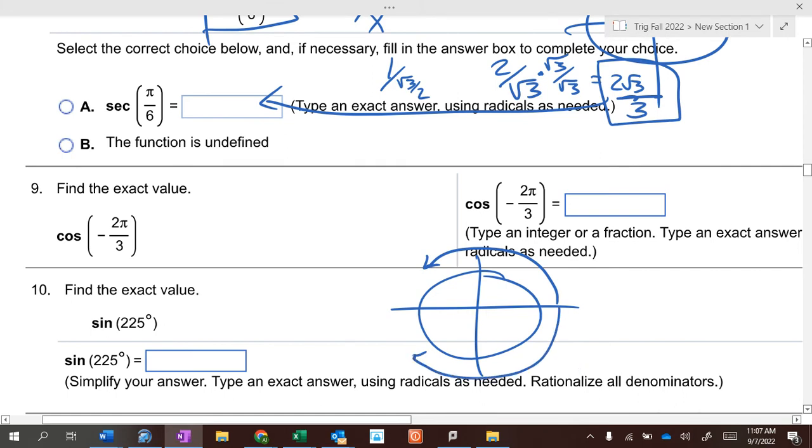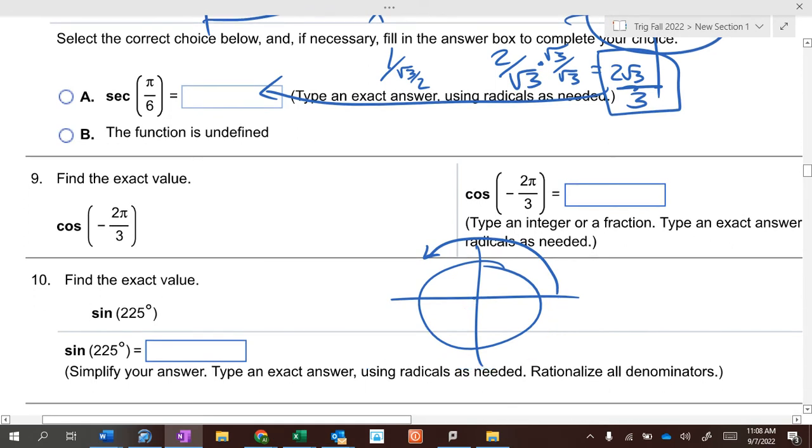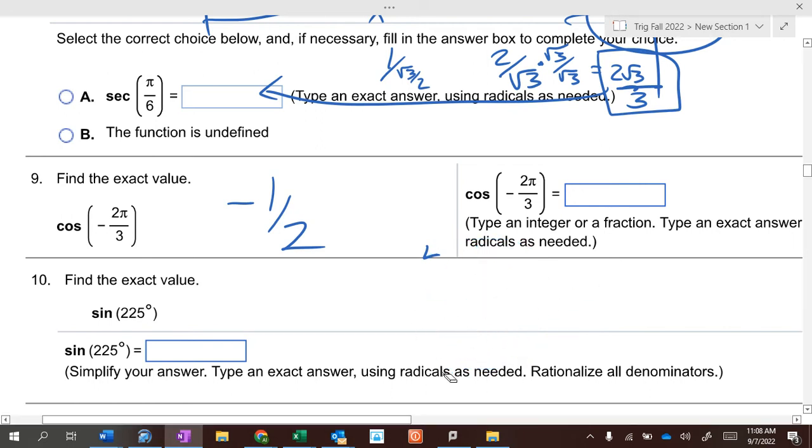So negative 2 pi over 3 would be right here at 240. 240 is more like this-ish. Okay. All right. Cosine is the what value? X value. What is the x value at 240 degrees? Okay. Hopefully, some of you are starting to catch on. The others, hopefully, you'll catch on in the next 5 minutes.